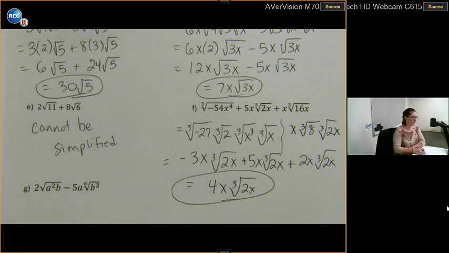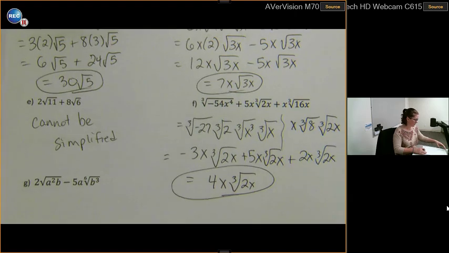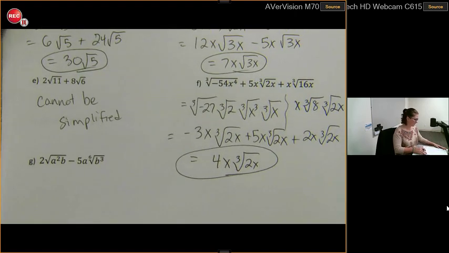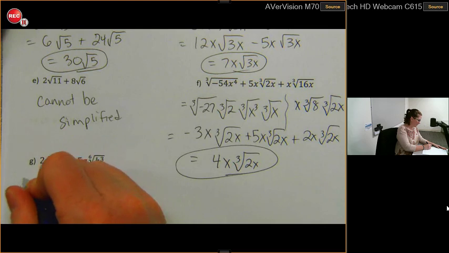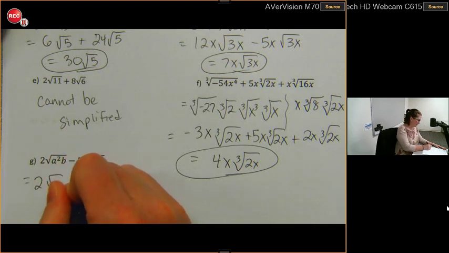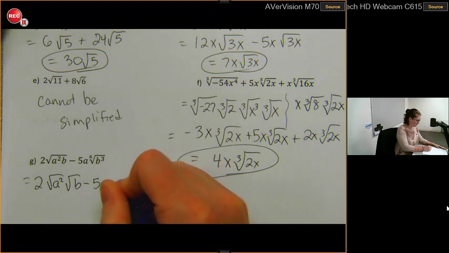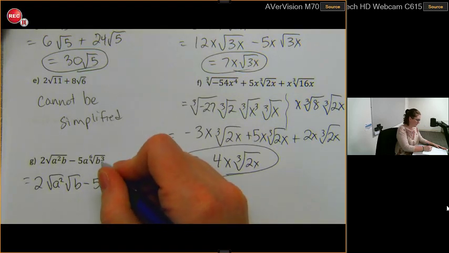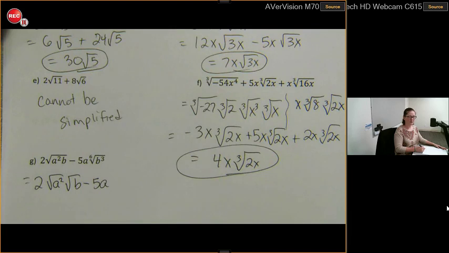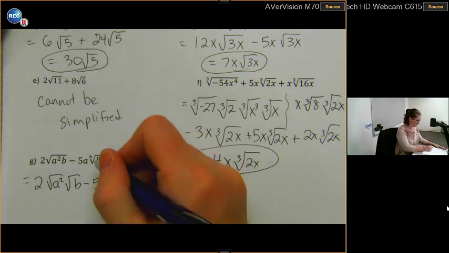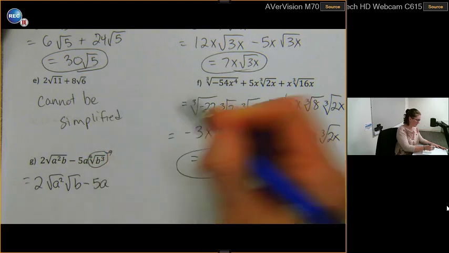And then letter G. Simplifying, the square root of a squared, I would be able to solve that. The 6th root of b to the 3rd, that one I want to actually make into its rational exponent first.